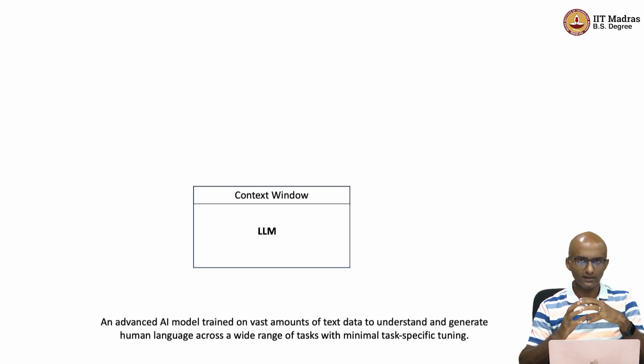So at the heart of it, the LLM is defined as a fairly advanced AI model, which is trained based on language datasets, right? Which is basically text data. The model is trained to understand and also generate language token by token.